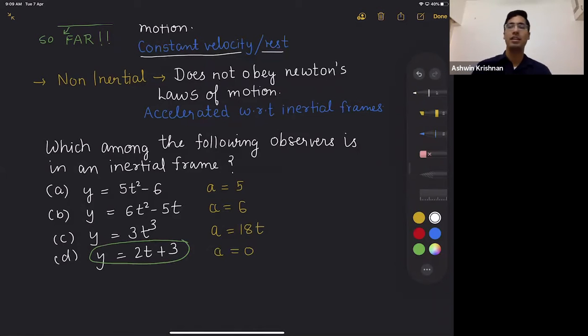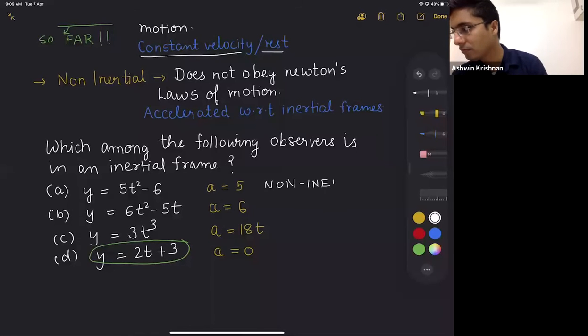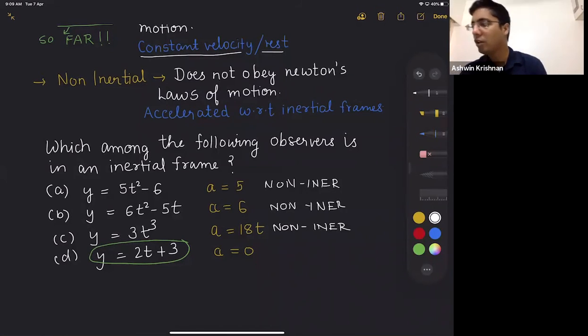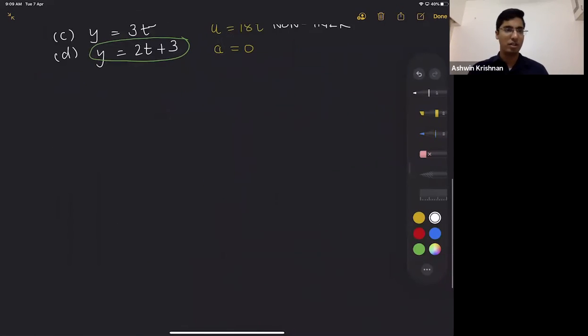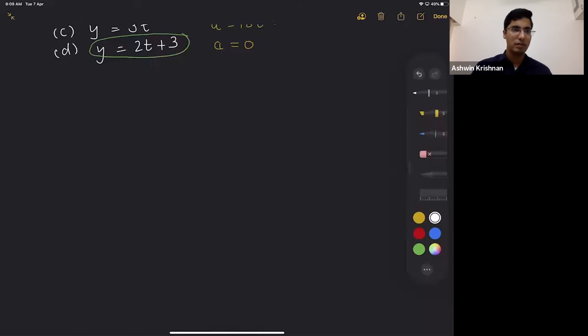Everything else is accelerated. You can see that the acceleration is non-zero, and hence everything else is a non-inertial frame of reference. This is also non-inertial because a is not 0, and this is also non-inertial.